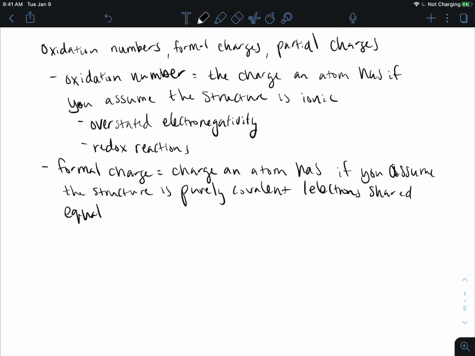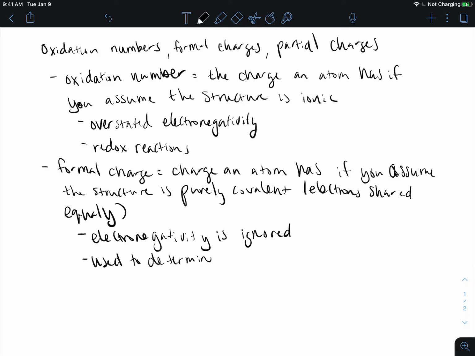So in this case, we are going to ignore electronegativity. And this is going to help us determine if we have a good structure. So it's used to determine structure stability.